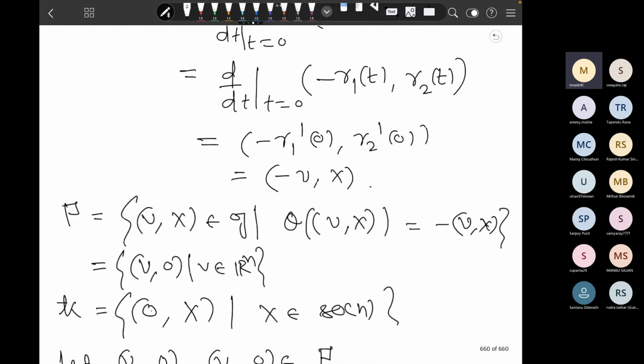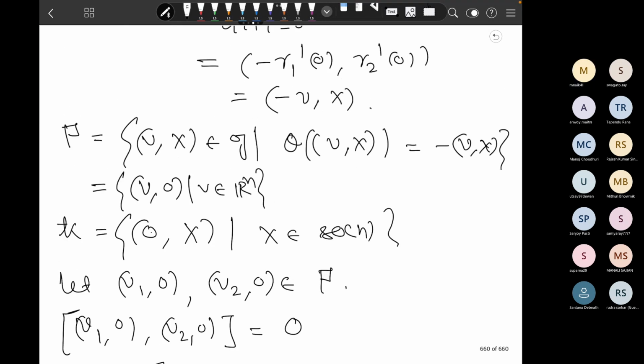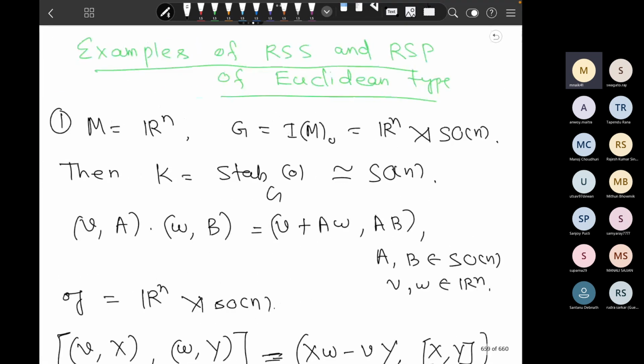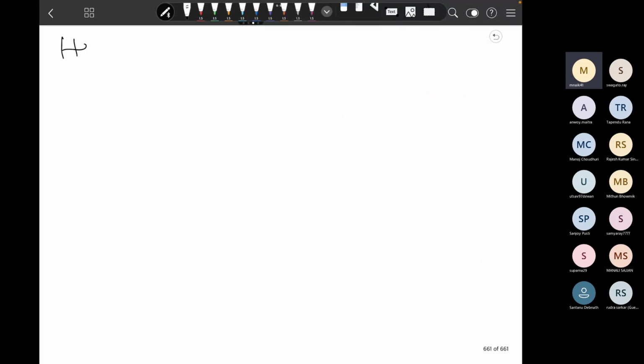And this is an equivalent way of saying that this Riemannian symmetric pair is of Euclidean type. I am taking the full isometry group here for the symmetric space R^n, and I have shown that the full isometry group and the stabilizer is always an effective Riemannian symmetric pair.